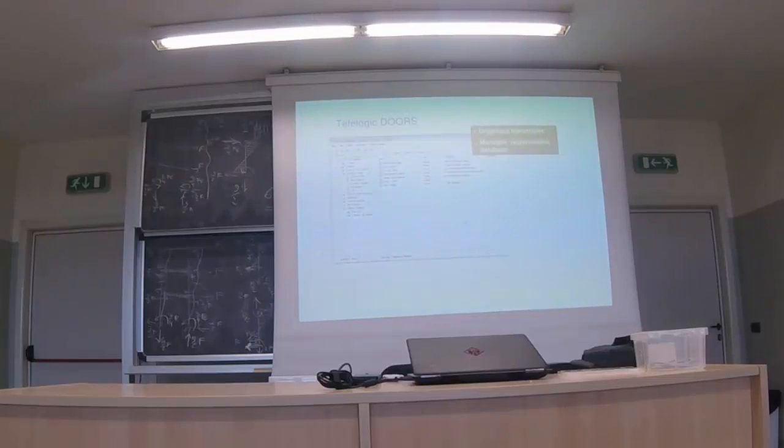This is DOORS, a program that is able to construct this kind of requirements. It has hierarchies and manages databases of requirements. In particular, as you can see here, it creates chapters. So we have introduction, types, requirements, capability, carrying, the number of people, amount of luggage.